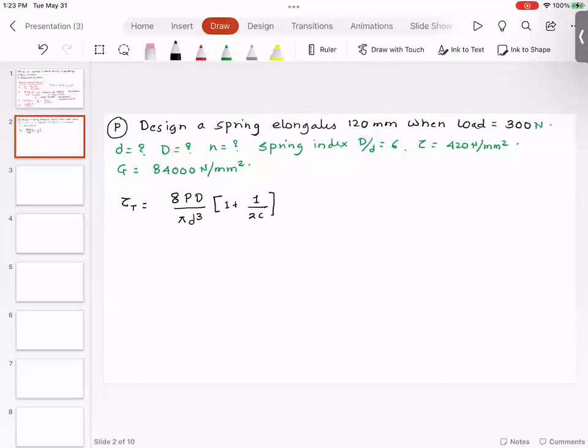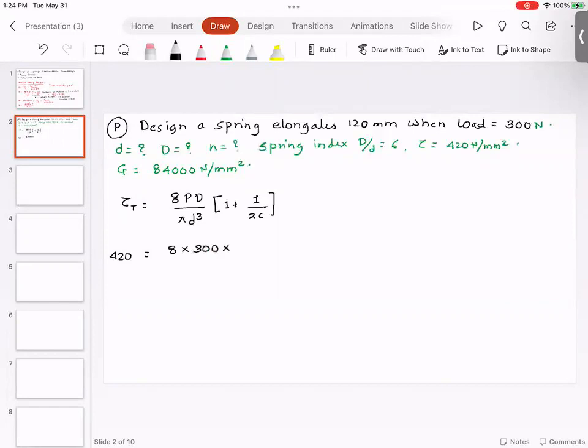And in this case, they don't say how to solve this. They don't tell us whether we have to look at the Wahl's factor or we don't have to look at the Wahl's factor. What we can do is we can just assume a 2D mechanics of material concept, and then we can find out 8 P.